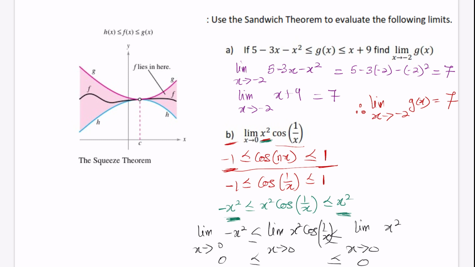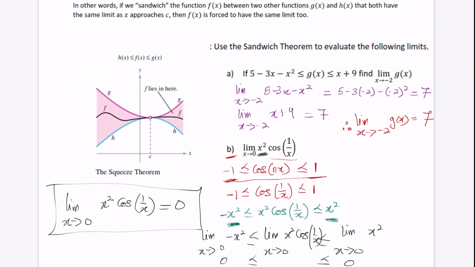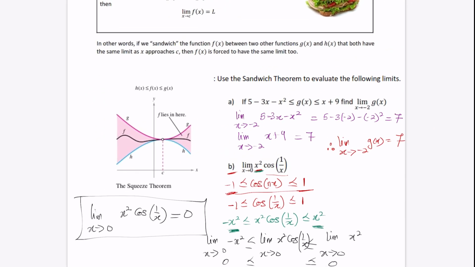That tells me that the limit as x approaches 0 of x squared cosine 1 over x is definitely equal to 0, using the sandwich theorem or the squeeze theorem. So this is how to use your squeeze theorem to solve limits.